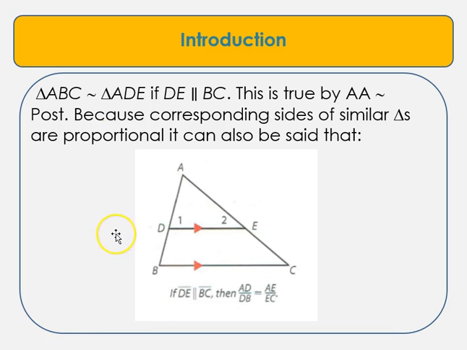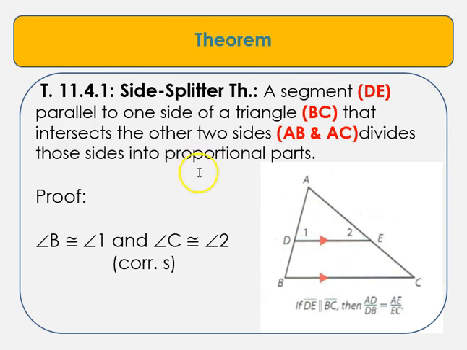This leads us to a theorem that shows how the parallel segment divides the sides AB and AC into proportional parts. This theorem in 11.4.1 is called the side splitter theorem. It technically splits the sides.